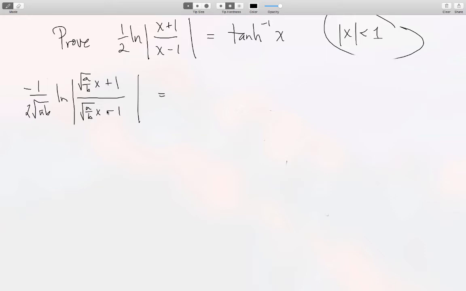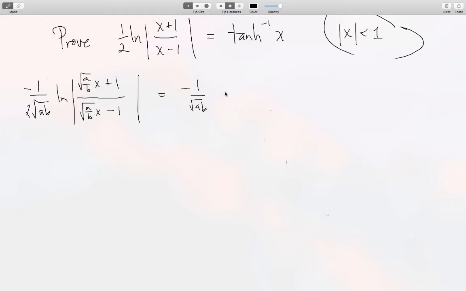The ln of this fraction is an inverse hyperbolic tangent. And so I'm going to get, let's say, -1 over square root AB, because the 1/2 sort of disappears. Let's say I've got a factor of -1 over square root AB that isn't here in this formula.